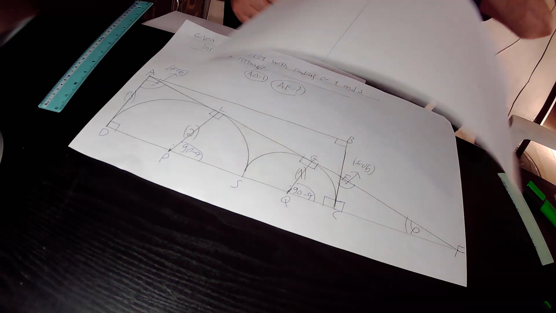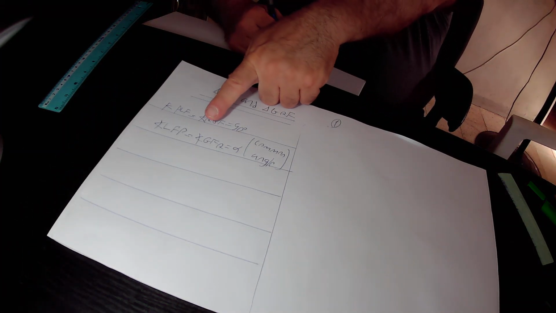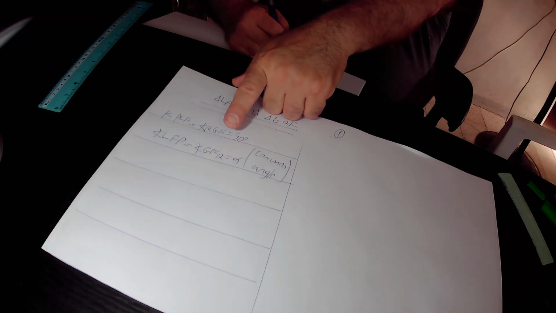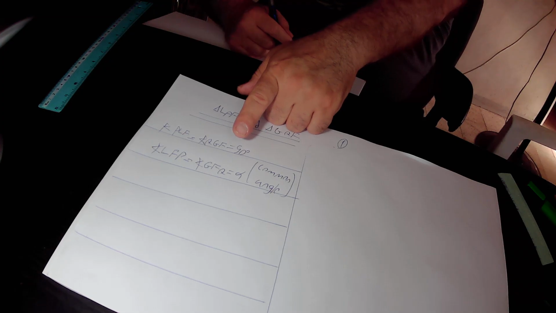So I'll repeat again. This equation means that angle alpha equals itself. We just call angle alpha two different names. Angle alpha equals itself. It's a common angle that belongs to both triangles.